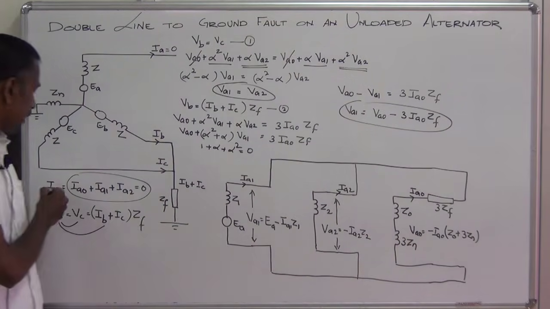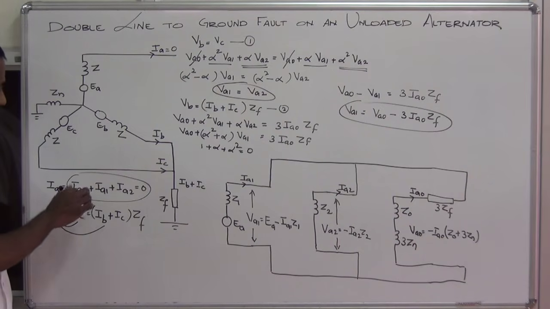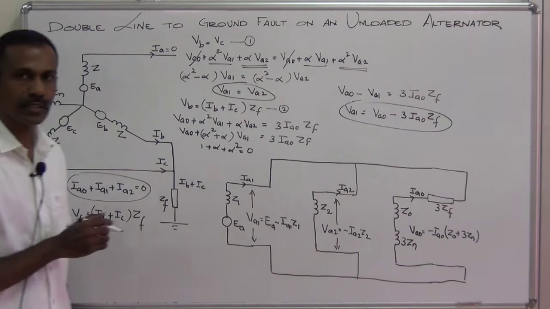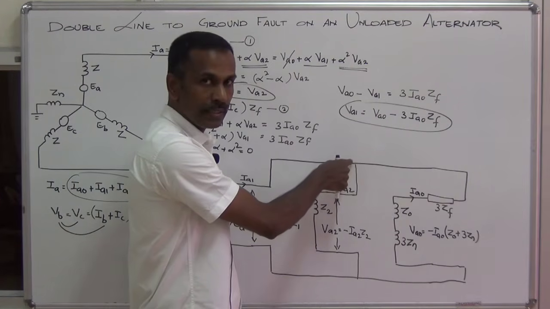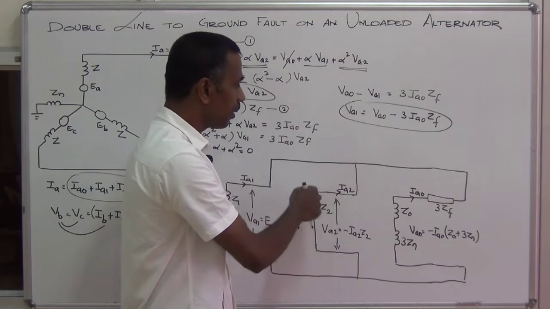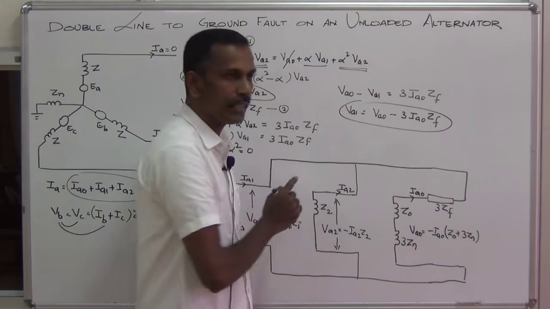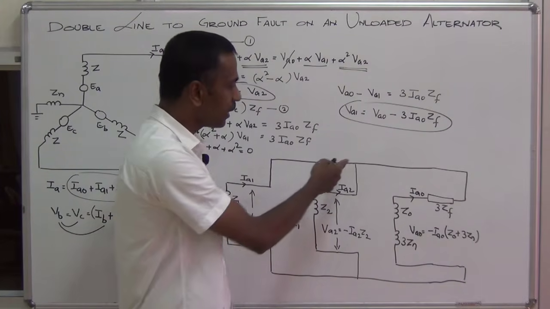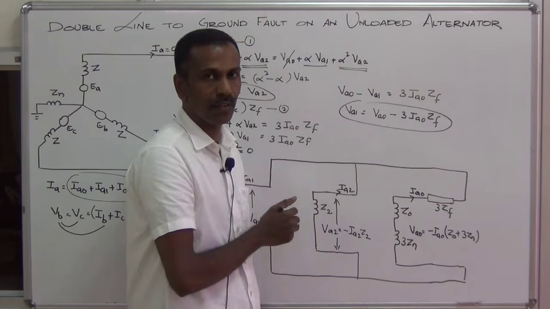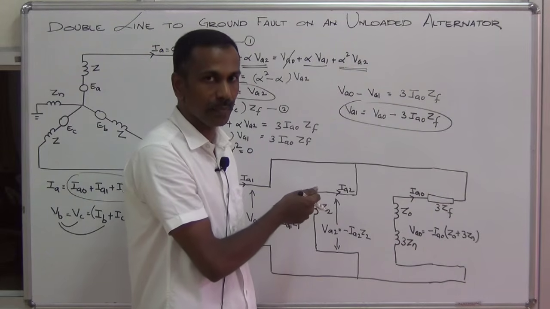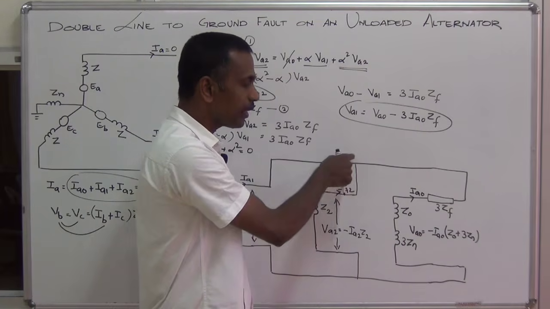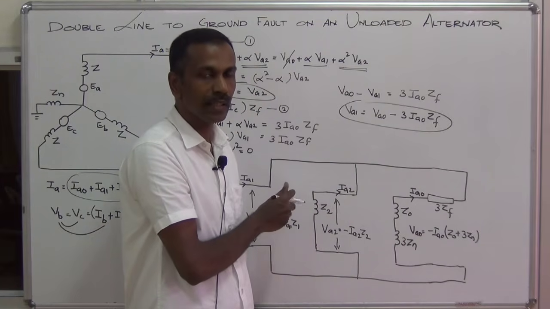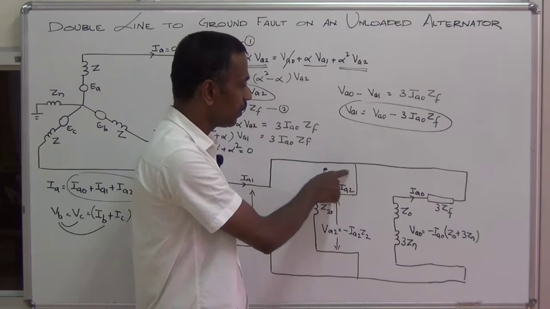Now we look at the current equation. The sum of the sequence currents equals 0. What are the currents coming towards this junction? IA1 plus IA2 plus IA0 equals 0, because there is no current leaving the junction. We are applying KCL, Kirchhoff's current law: the sum of the currents coming towards the junction equals the sum of the currents leaving the junction.